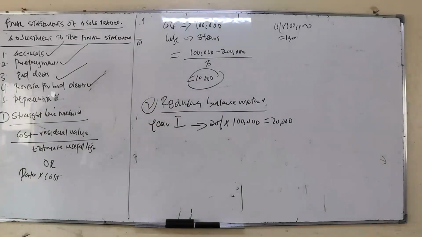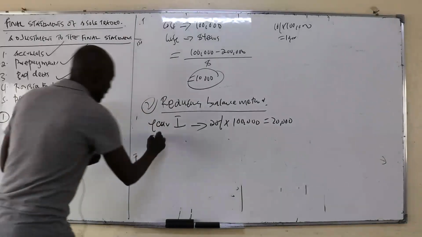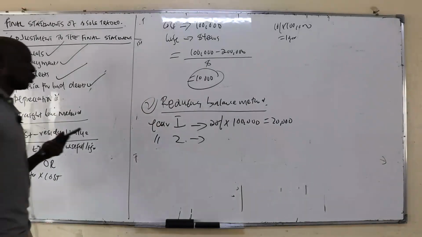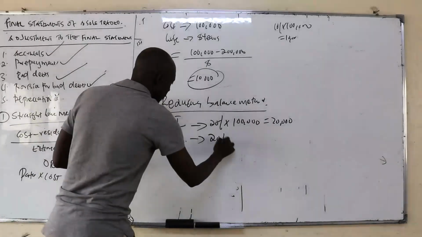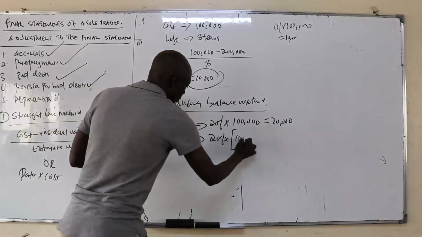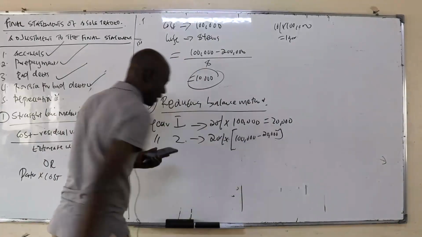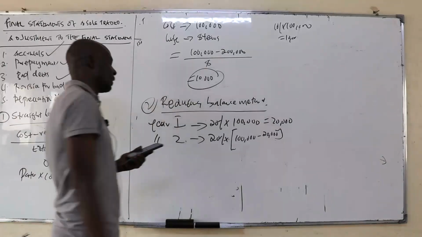And then the second year, year two, it's going to be 20%, and then you take 100,000 minus 20,000 for year one. Here you get 16,000.